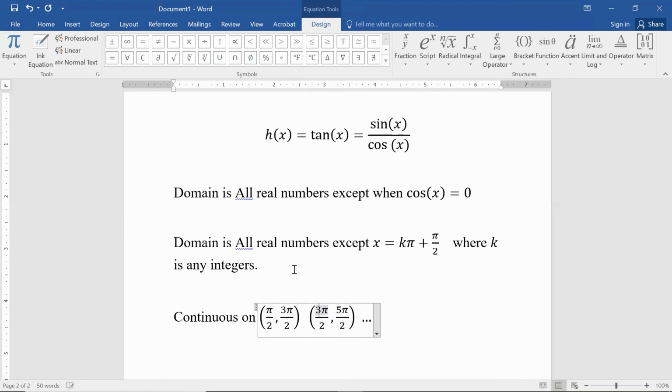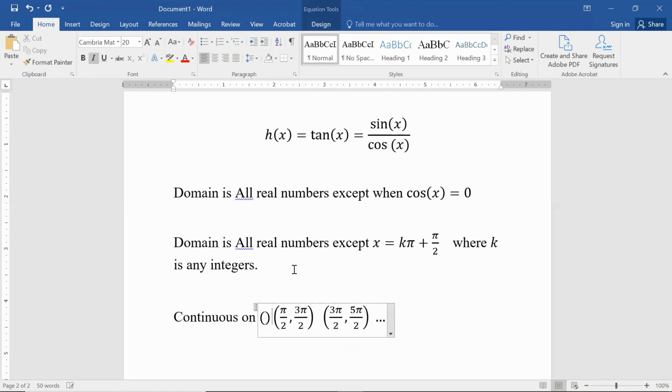We also could have done it with negatives as well. So if we would have liked to, you could have went from negative pi over 2 up to pi over 2. And you could have went from negative 3 pi over 2 to negative pi over 2. So we're continuous on these intervals everywhere except for when x is some integer times pi plus pi over 2.